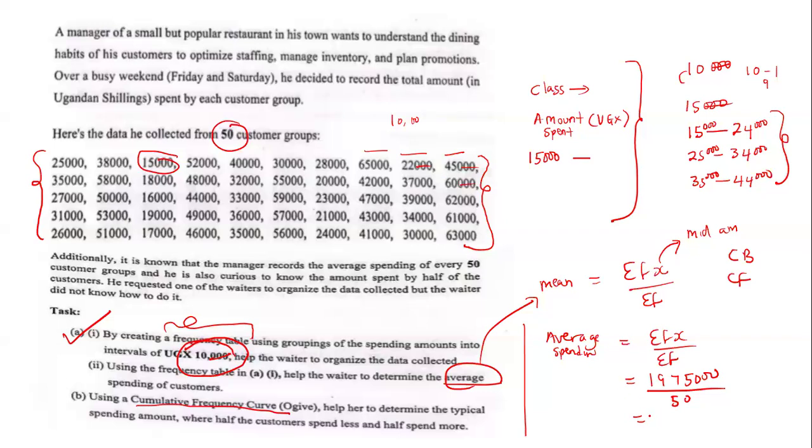Gavanian is getting Ugandan shillings 39,500. Very good. So then after you respond to the question, you give the response. You say that the average spending of the customers is Ugandan shillings 39,500.